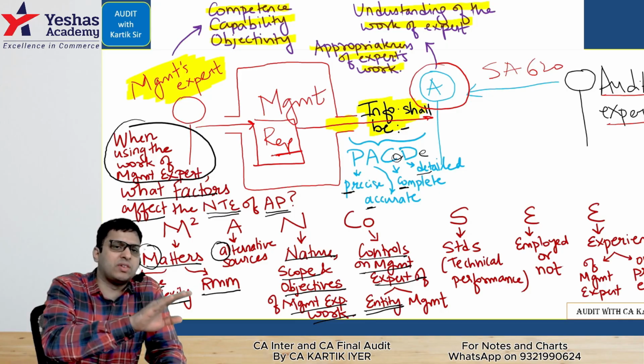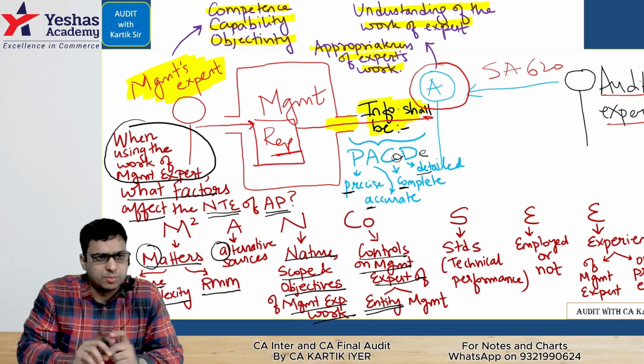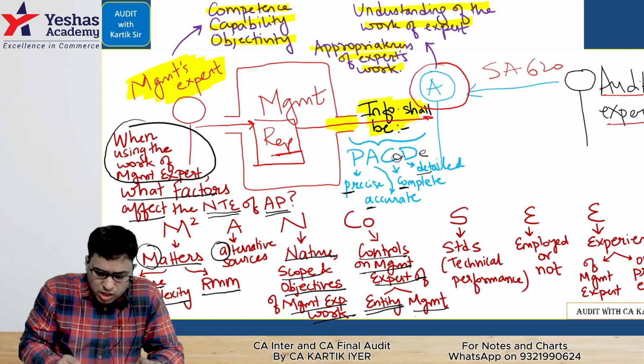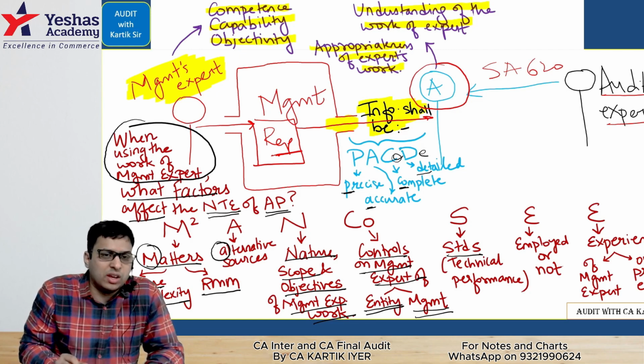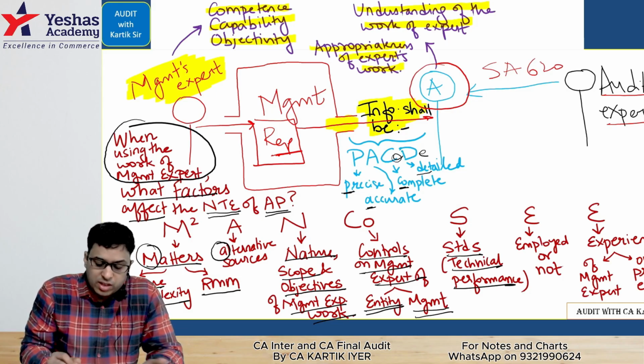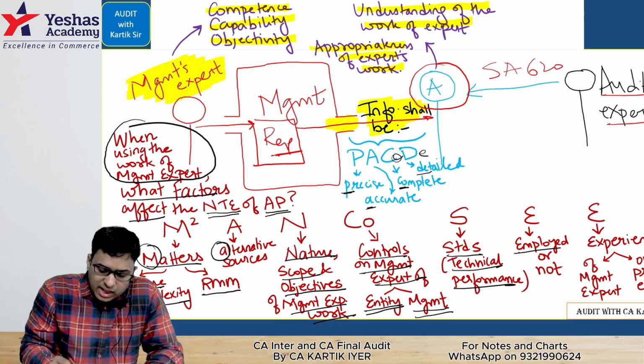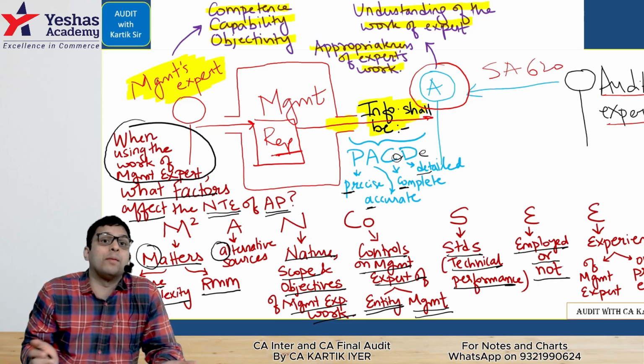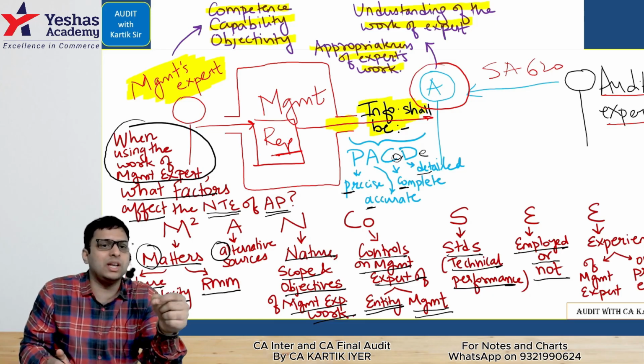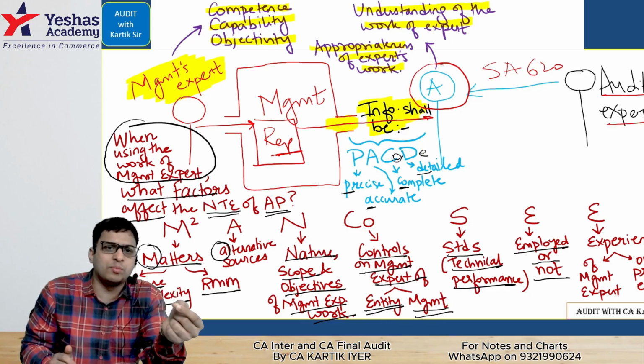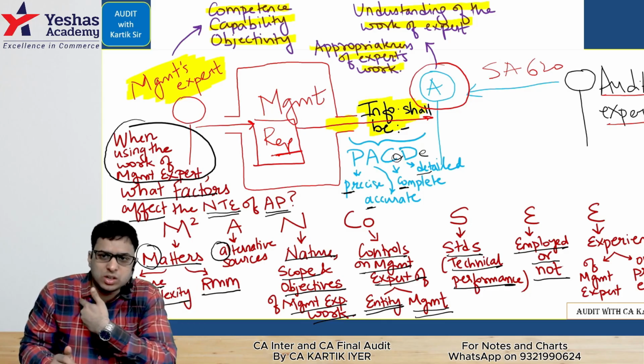In that case, the management expert will give a report in favor of the management. That is called management's control over the management expert. Next, standards. Is the expert following technical performance standards? That is what we are checking here. If they are following, good thing. Are they employed or not? If they are employed, bad thing. It means their report will be a little bit biased. But if they are not employed, then it is a good thing for the statutory auditor.